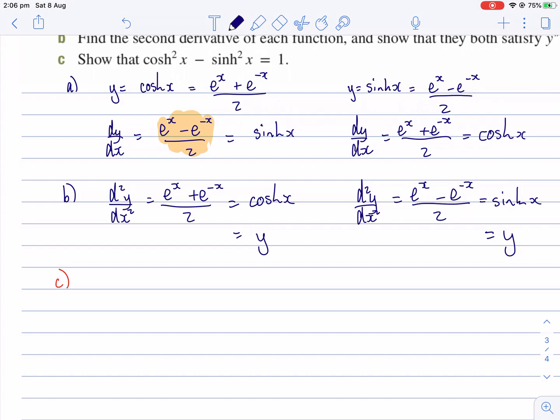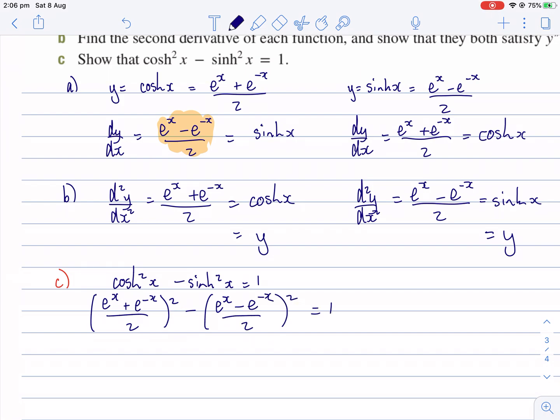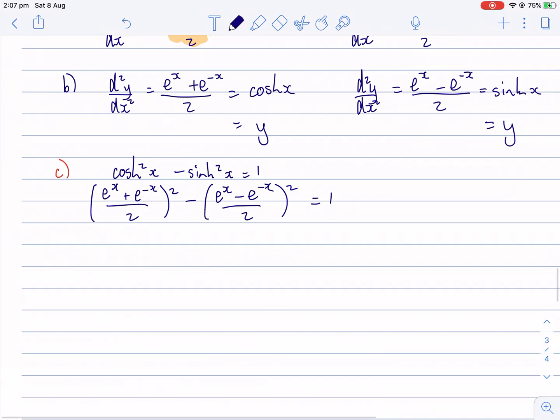So what they're saying is cosh squared x take sinh squared x equals 1. So this is saying e to the x plus e to the minus x on 2 squared take e to the x take e to the minus x on 2 squared equals 1. So we're just going to have to play around with this.